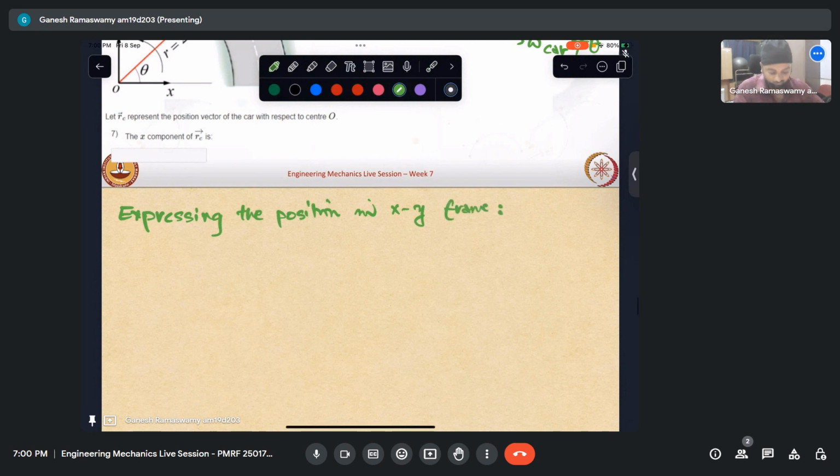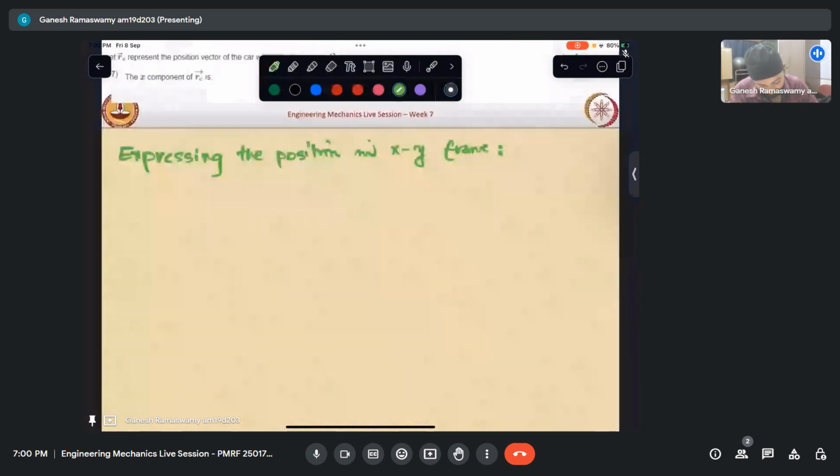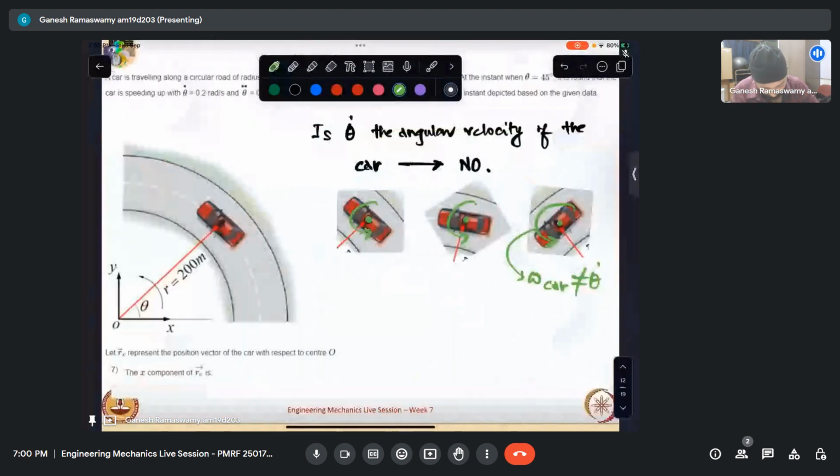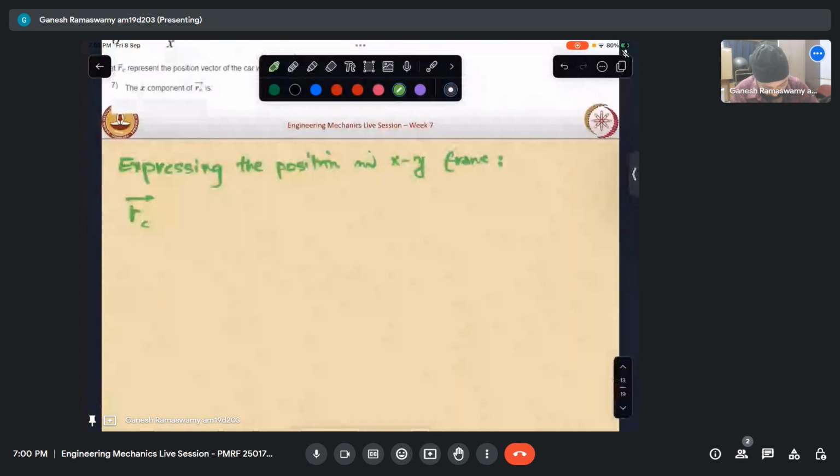We have the position vector of the car. Let us take this to be C. So RC with respect to O is my position vector, which is similar to RC, which is nothing but R cos theta i cap plus R sin theta j cap.